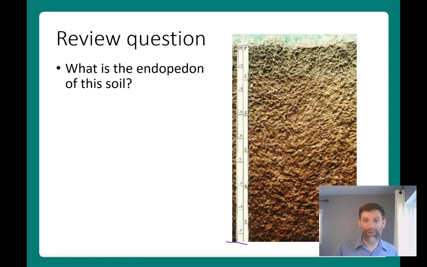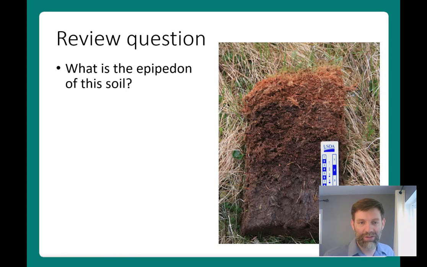If I had to guess the soil order, with an argillic horizon and that much development, this looks kind of like an ultisol to me. Maybe it's an alfisol, but if I had to just guess based on picture alone, I'd say that looks like some strong development, maybe an ultisol. And one more little review. What's the epipedon on here?